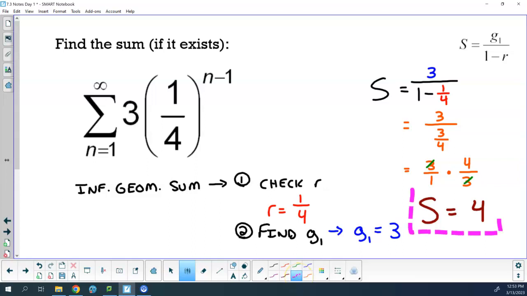So the first term in this geometric sequence is 3, and all of the rest of the terms out to infinity only add up to 1 more than that. So the total is 4. Good times.